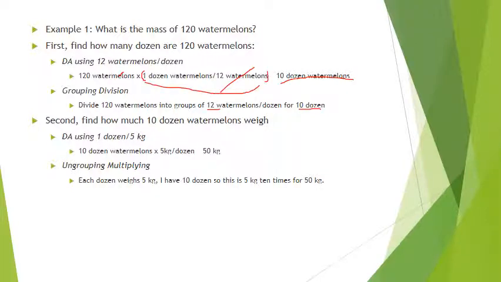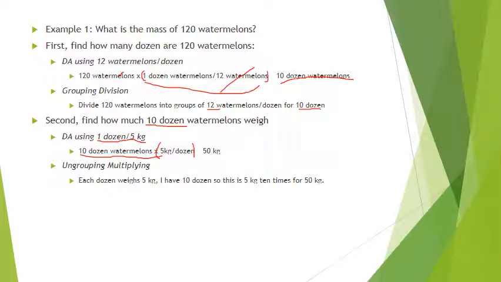So the next thing is, you know the relationship between dozen and mass, which is 1 dozen per 5 kilograms. Using dimensional analysis, 10 dozen watermelons times its conversion factor, and you get 50 kilograms. Using the grouping method, each dozen weighs 5 kilograms.